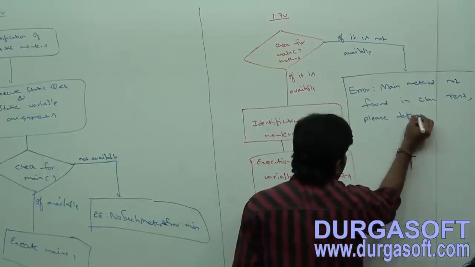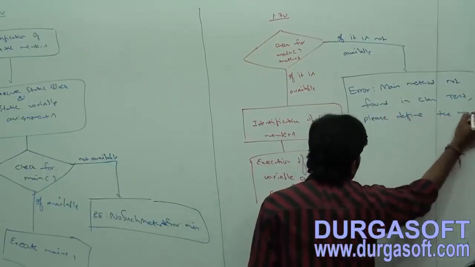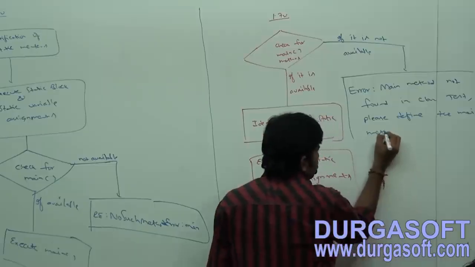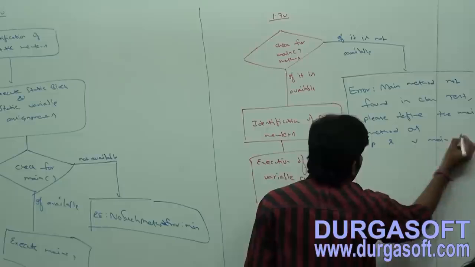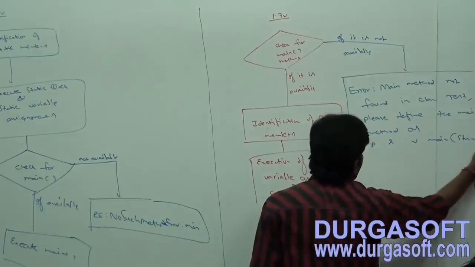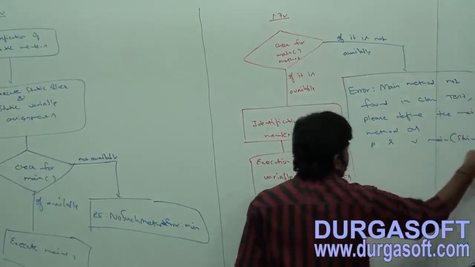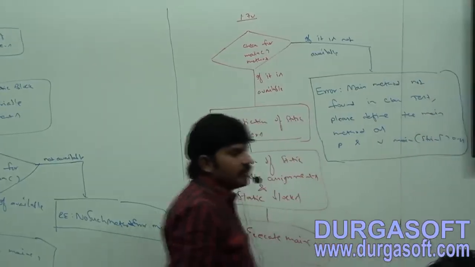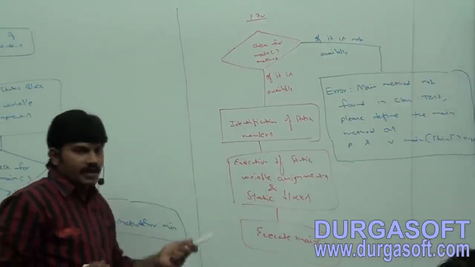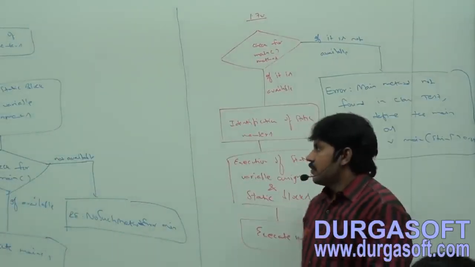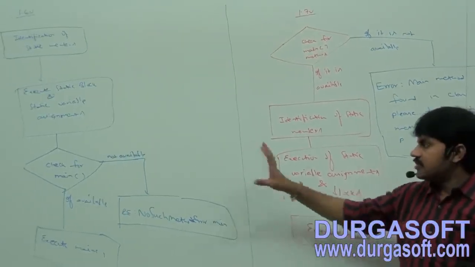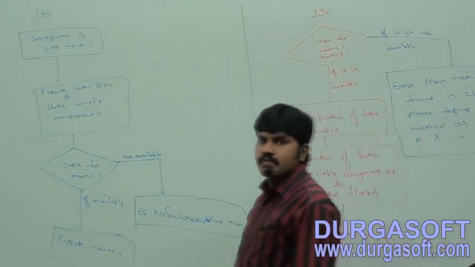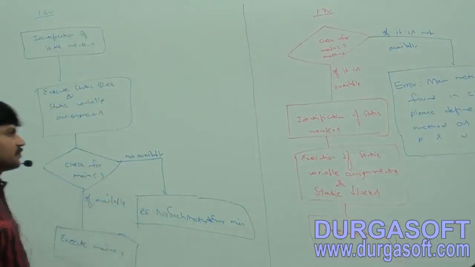Please define the main method as public static void main, string array args. Are you getting that? Make sure you should be aware. Take both: the flow in the 1.6 version and the flow in the 1.7 version, you should have clear clarity.